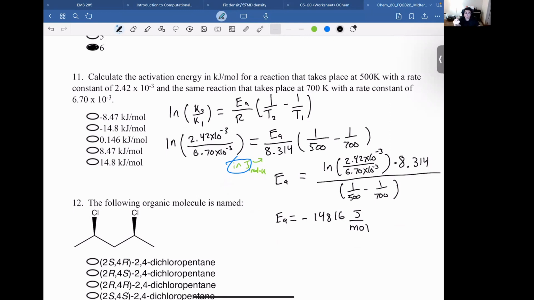Your EA in both equations, the one with the prefactor A and this one, will have units of joules. If you have a free response question and you have to find activation energy, both equations use EA in joules. So if you're given the activation energy in kilojoules, make sure you convert to joules.